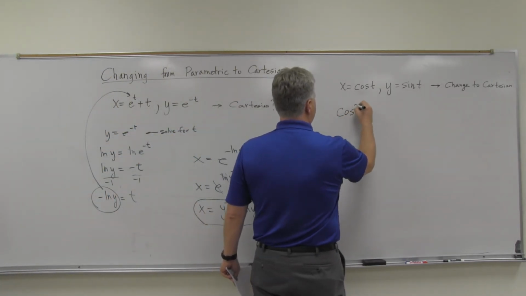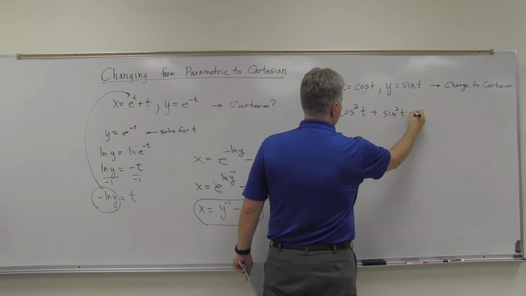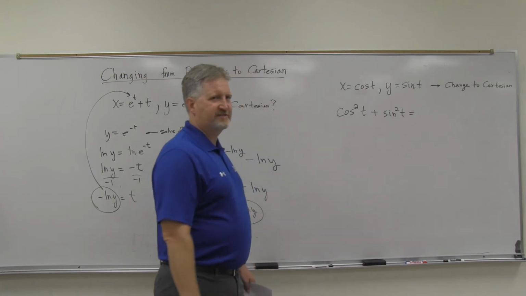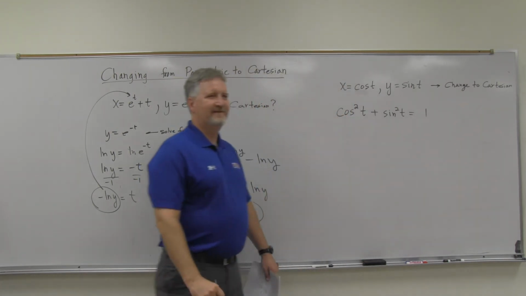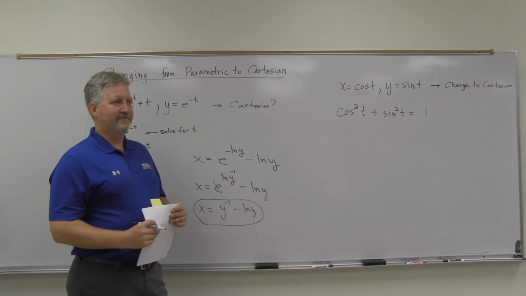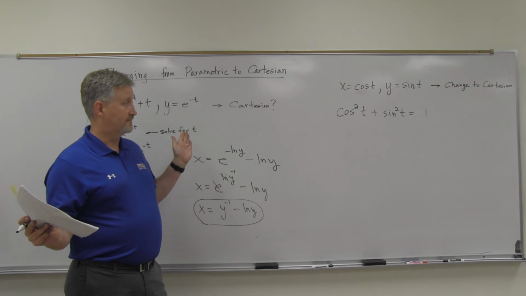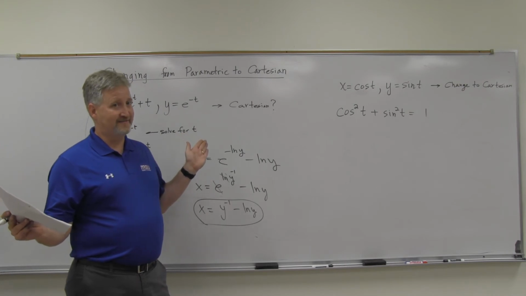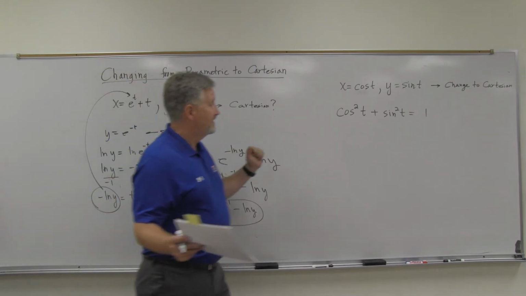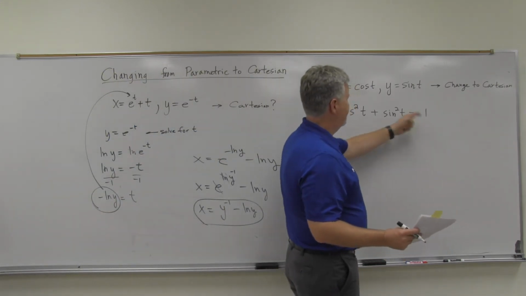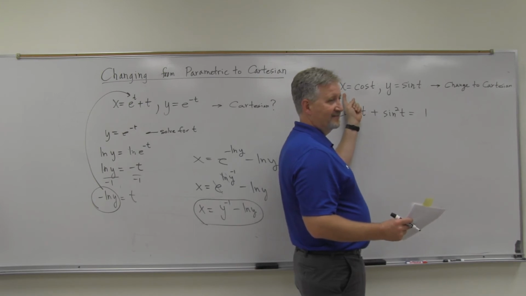What do you know about this? Cosine squared plus sine squared equals 1. Well, that's an equation that's true in all cases, no matter what t is. Cosine squared plus sine squared equals 1. Isn't cosine t x?